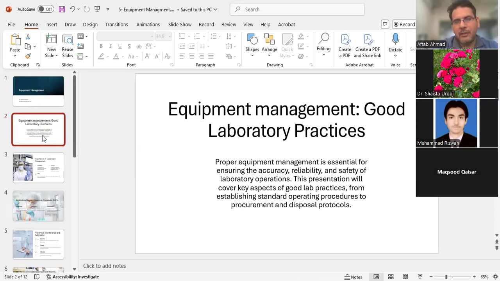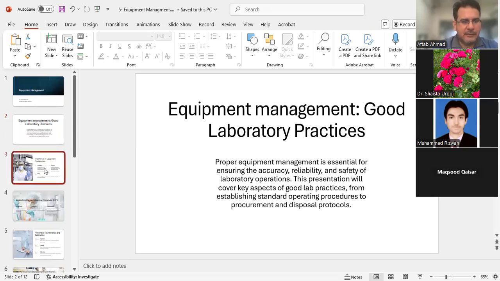Proper equipment management is essential for ensuring the accuracy, reliability, and safety of laboratory operations, and this is what we are always looking for in good laboratory practices. This presentation will cover establishing standard operating procedures or SOPs, procurement, and disposal procedures and protocols for the equipment.